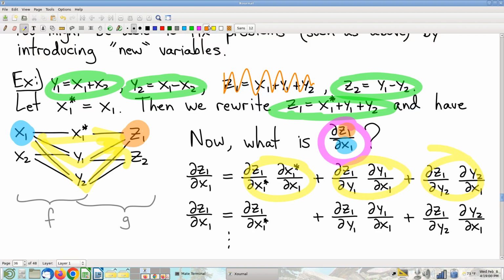Notice that one of these has a factor which is the partial of x1 star with respect to x1. That's that leg, if you will. And what is that partial? Well, x1 star is x1, so that partial is just 1. And so that factor just drops, just a factor of 1. And there you go. You can compute all these individual partials with those green equations, and we're in business. Is everybody okay?